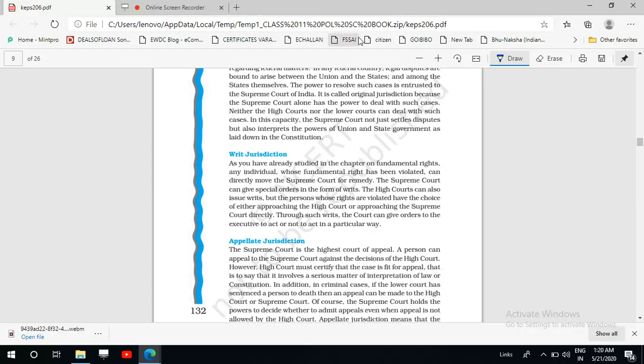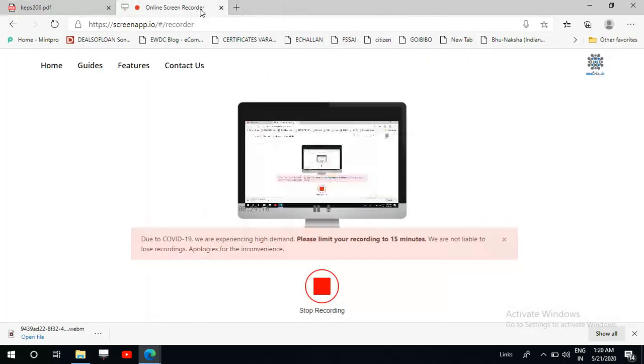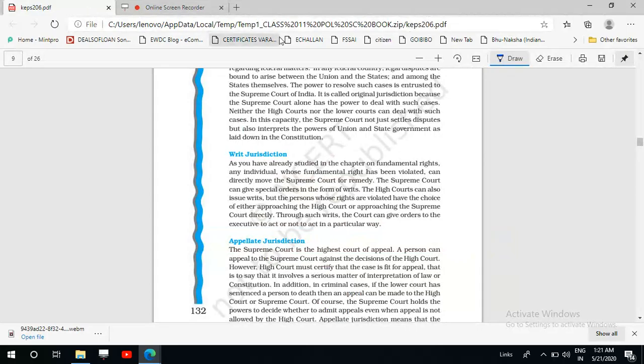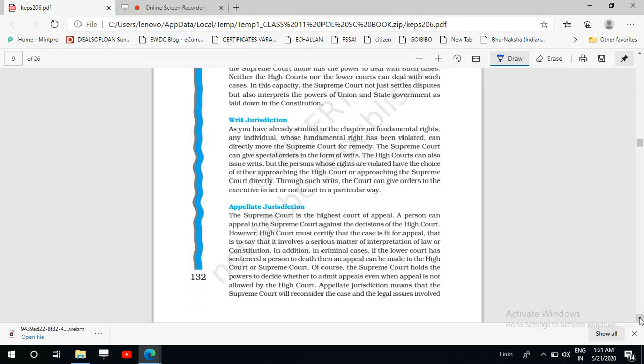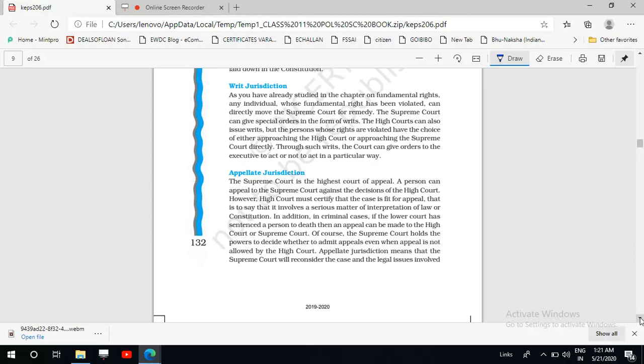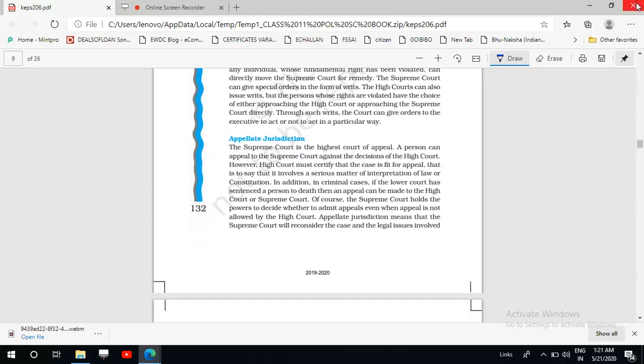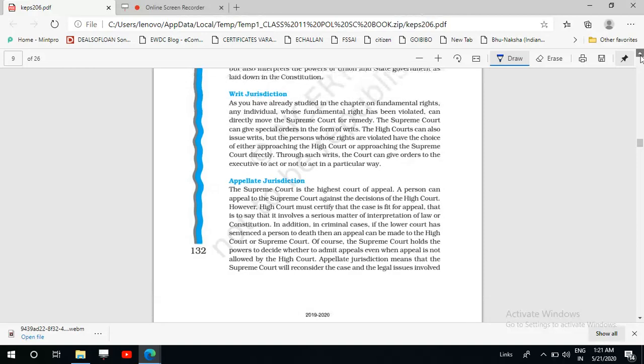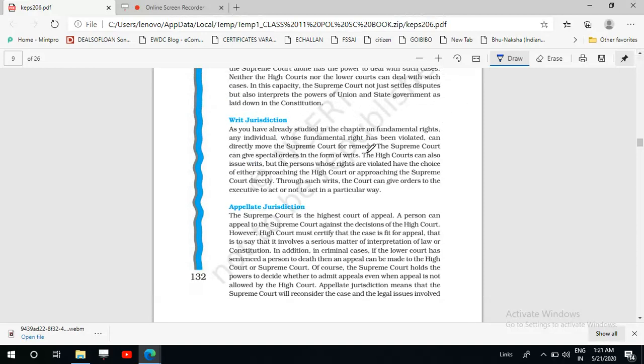Okay, and this is a very important writ, because it compels the authorities, the police authorities, to present the offender physically in front of the court.